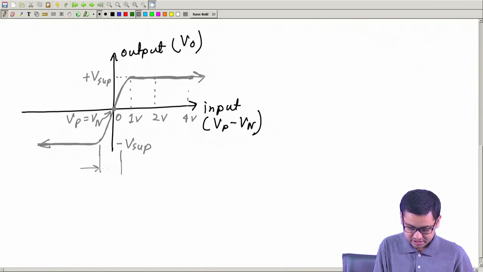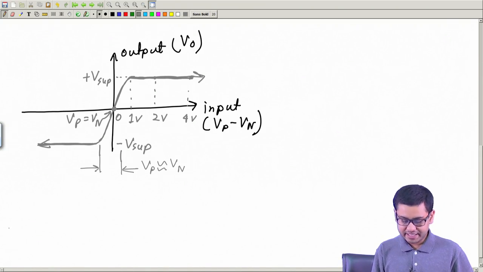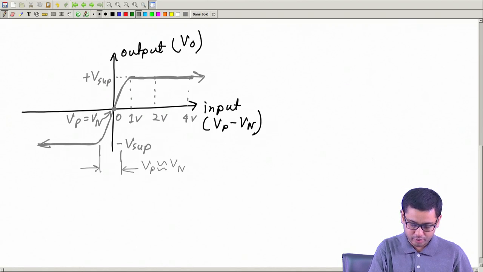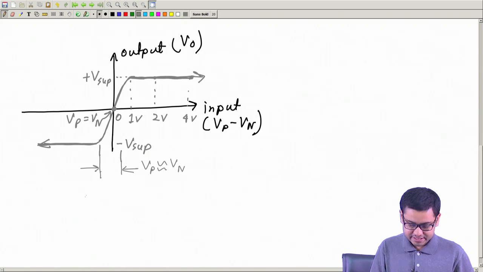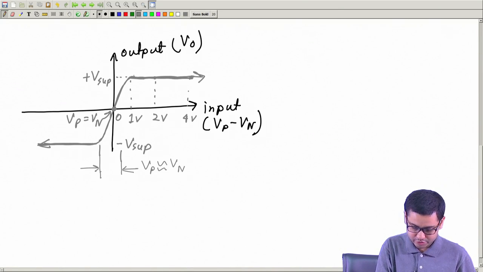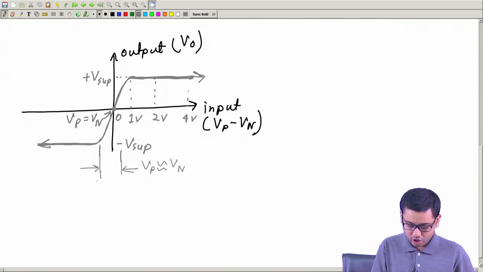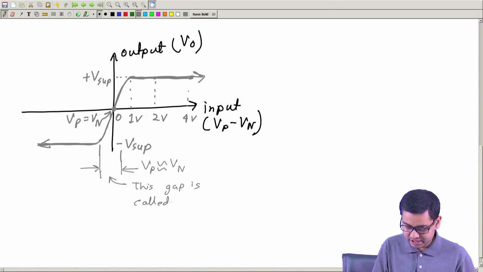Here where VP is approximately equal to VN, the output changes gradually from minus to plus value. This gap where the output goes from negative to positive is called the resolution of an op-amp. So this gap is called the resolution.